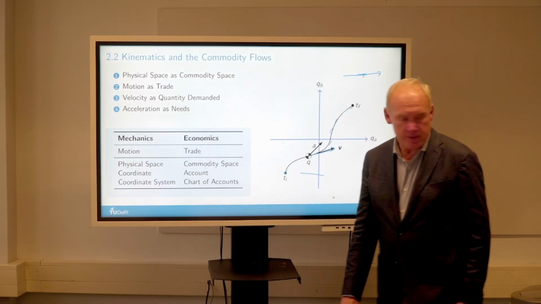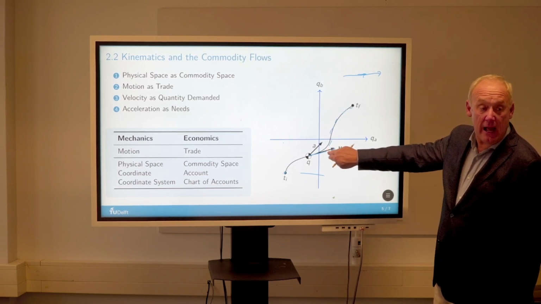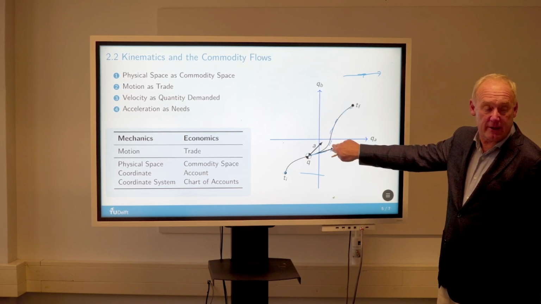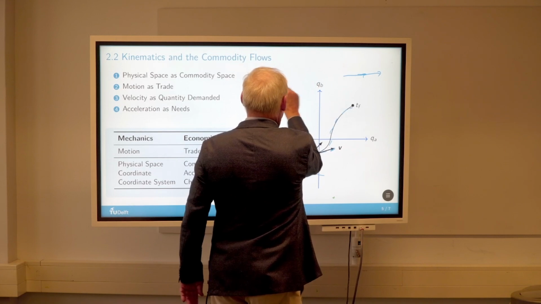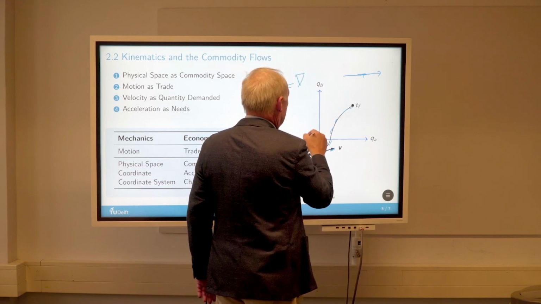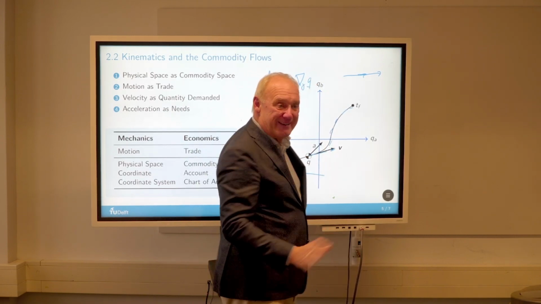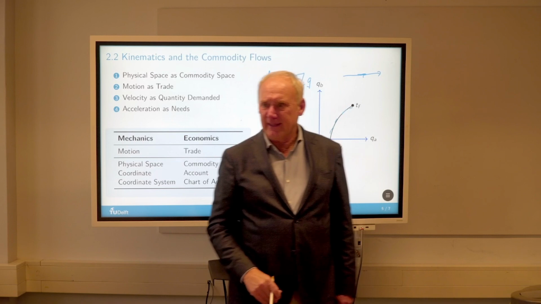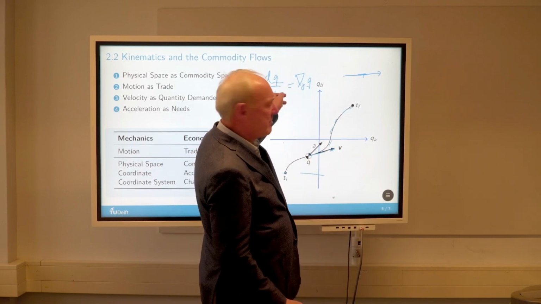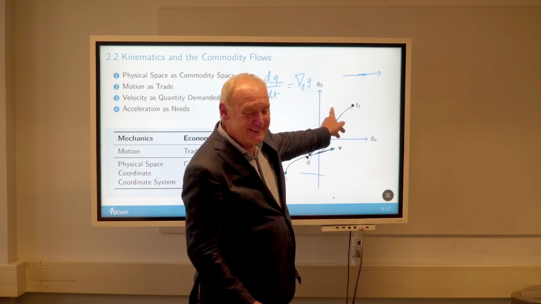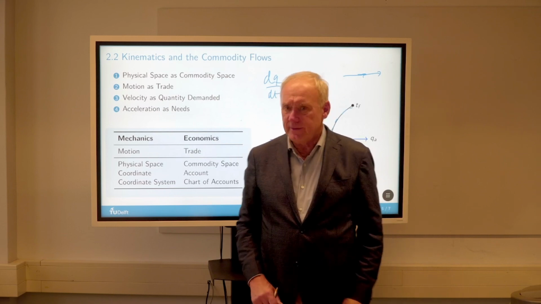So that tangent vector is a directional derivative. Usually we don't write that as dq/dt; we write it as a directional derivative along this path.